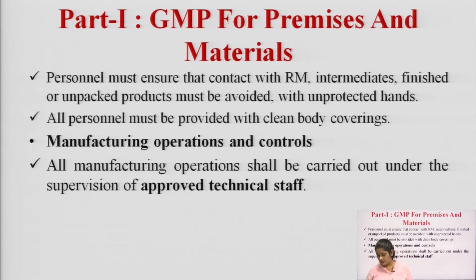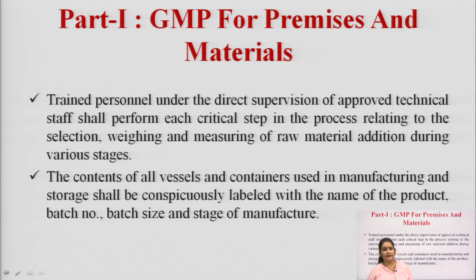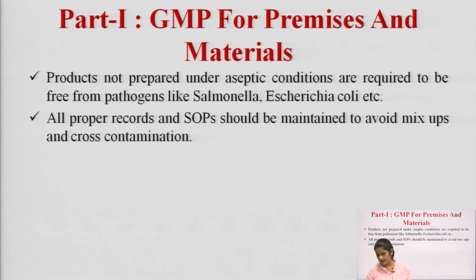All manufacturing operations shall be carried out under the supervision of approved or authorized technical staff. Trained personnel should work under the direct supervision of technical staff to perform each critical step involved in processing the manufacturing, such as selecting the drug, weighing the drug, and measuring raw material addition during various stages.